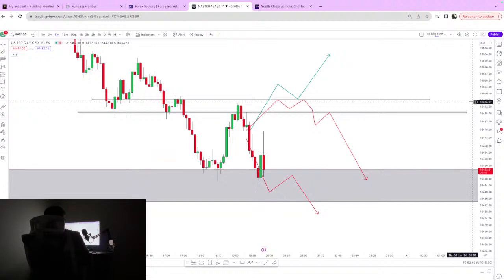Anything is still possible, but it's a highly risky trade, not a 100% confident trade like we were taking earlier.